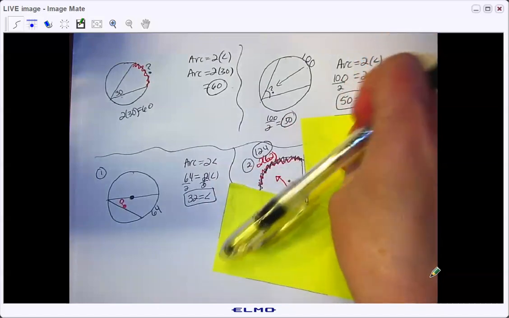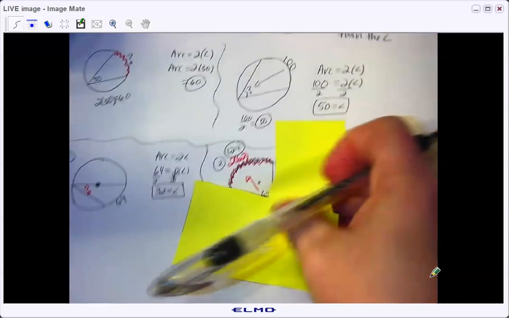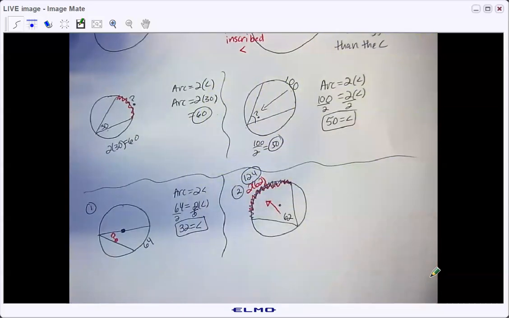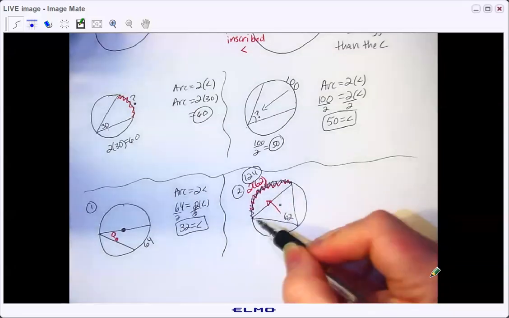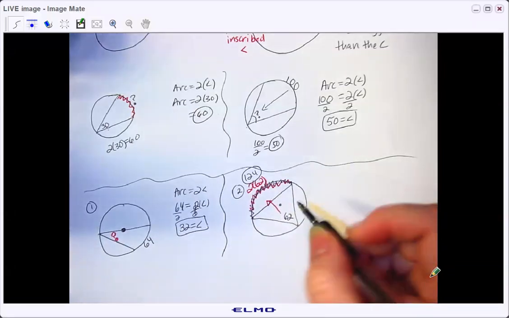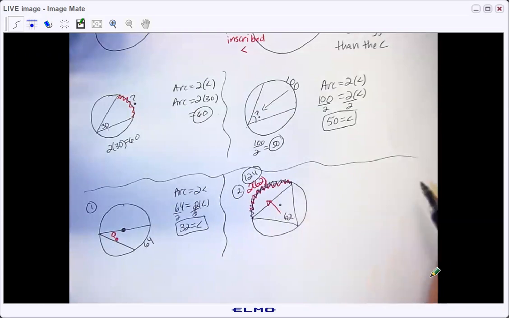But the question throws in this line going across. Makes it look like a snow cone. That has nothing to do with the angle and its matching arc. Okay.